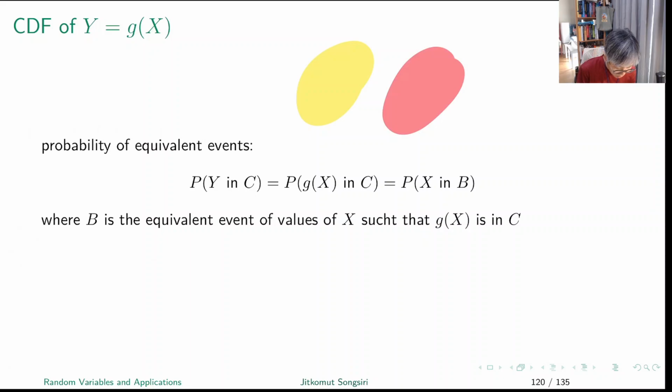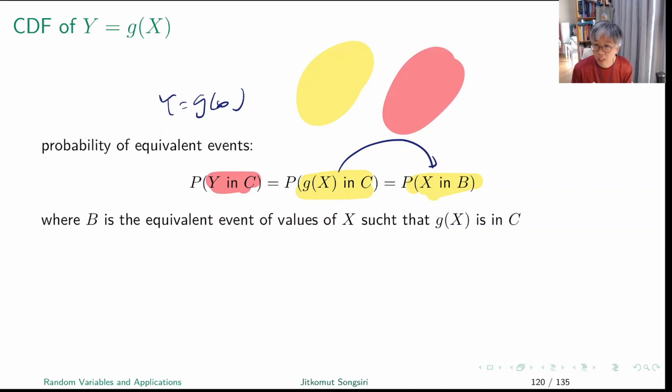So whenever y lies in the set C, and y equals g(x), that's of course g(x) lies in the set C. When somehow you can convert that, g(x) is in C, to being equivalent to x lying in some set B, we can conclude that those two probabilities must be the same.